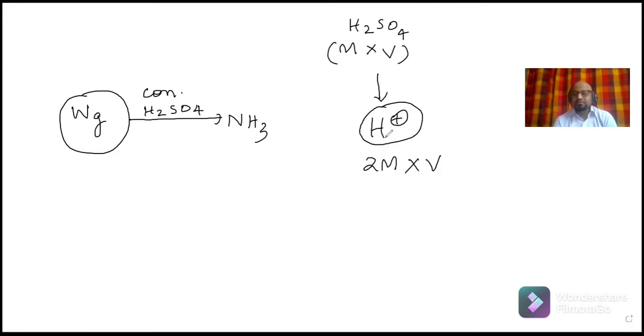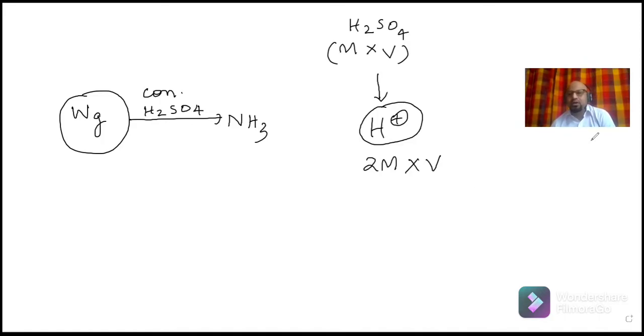Now there is one small problem, that we need to take a sufficient amount of H2SO4 or H plus in order to ensure that all ammonia is absorbed or reacted with the H plus or H2SO4. So there is a chance that you might take an excess of H2SO4. So after the reaction, still some H2SO4 will be left, and that will create a problem.